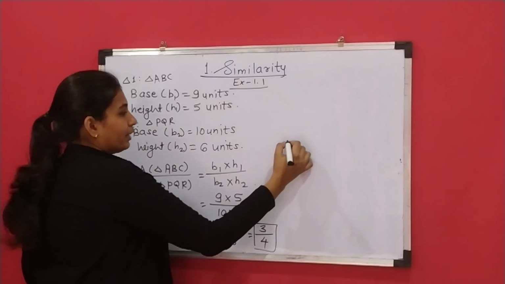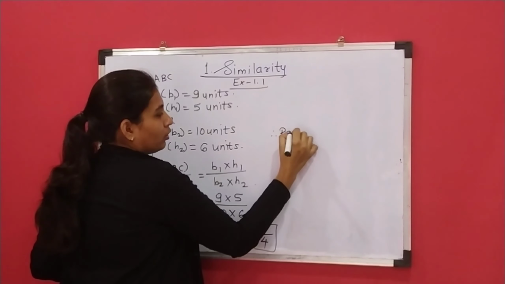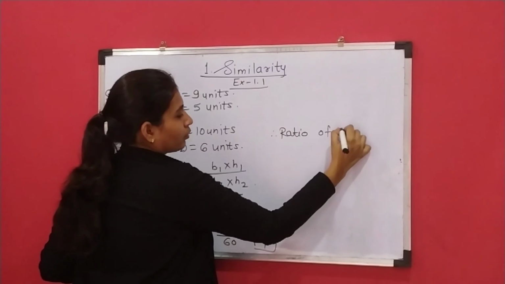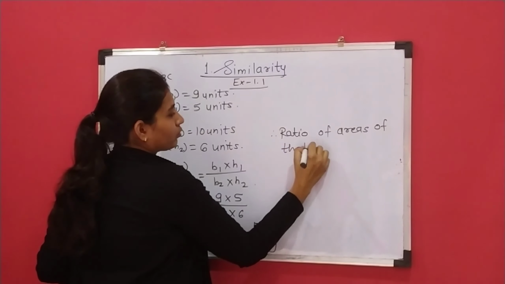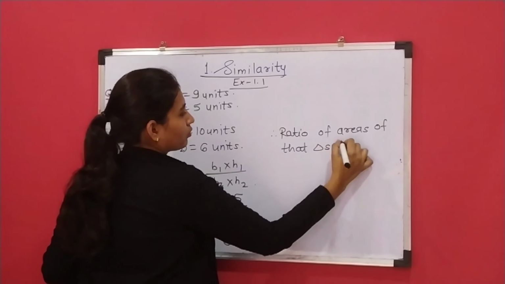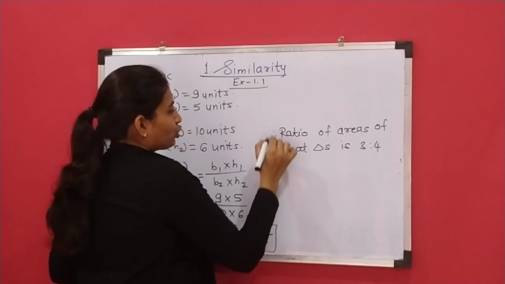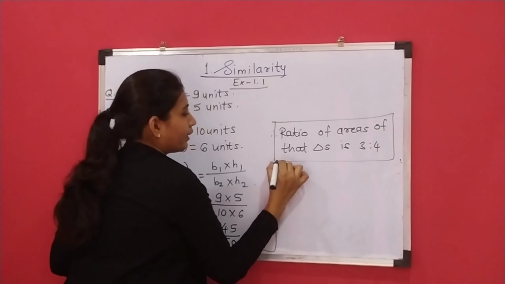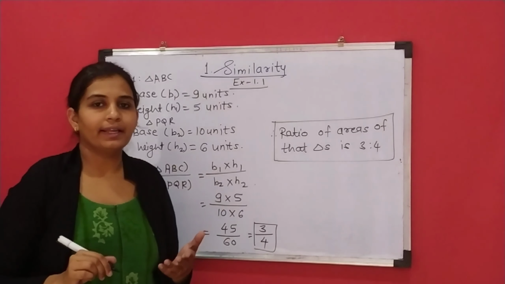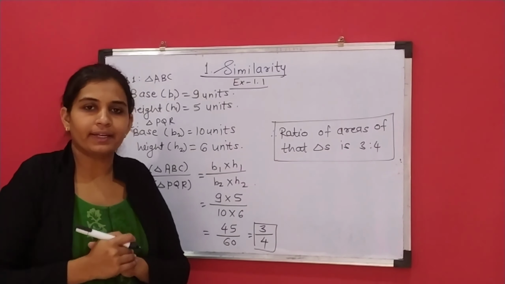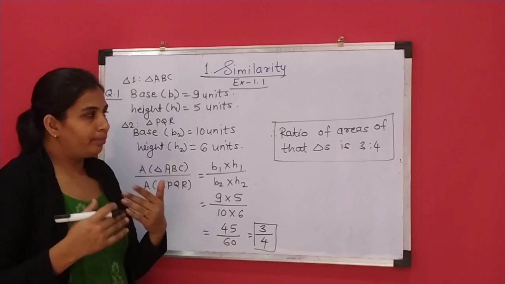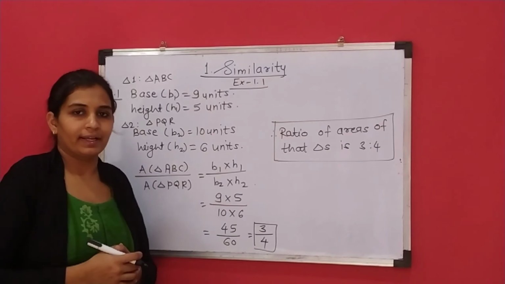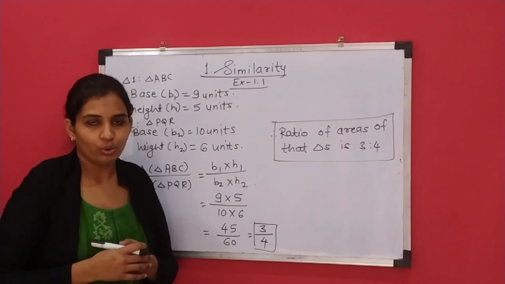Therefore, the ratio of areas of the triangles is 3:4. Did you get it, guys? Good. Now take your own measurements for another two triangles and try to solve them on your own.